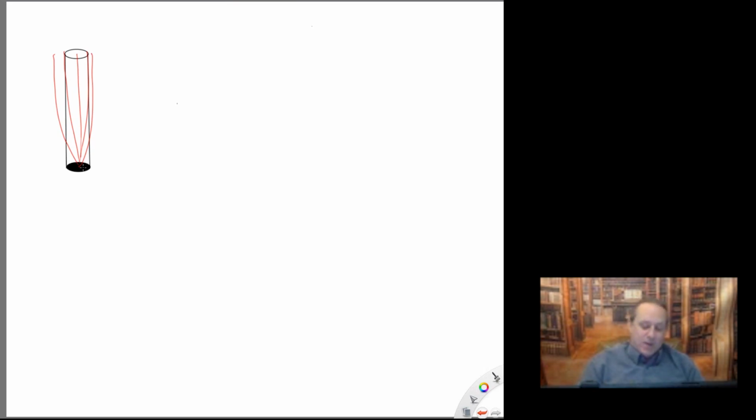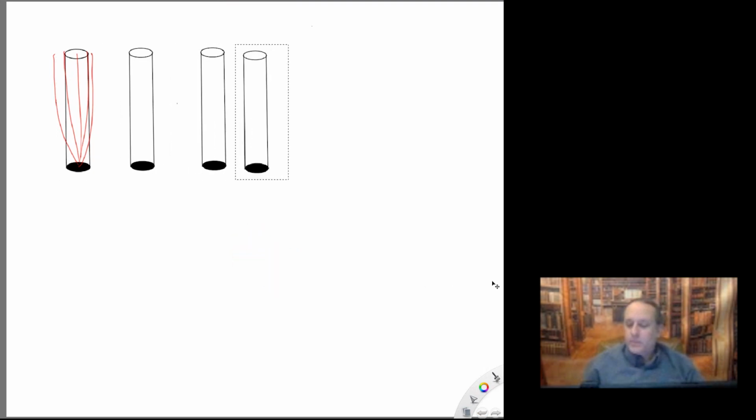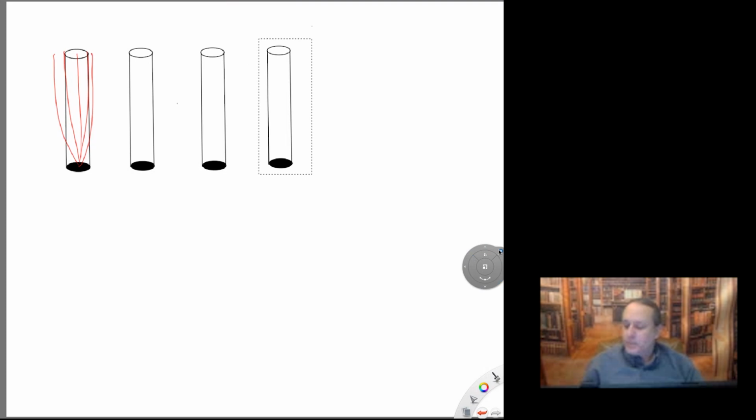So what would the second harmonic look like? Let's just copy this and do that a couple more times. Okay, so this is the fundamental frequency, F1.